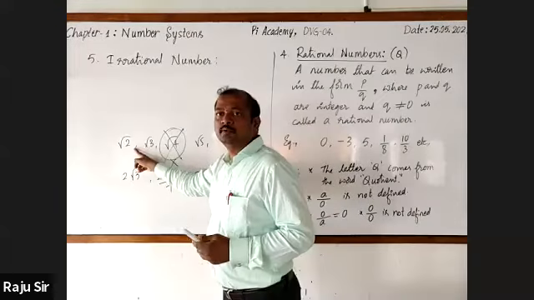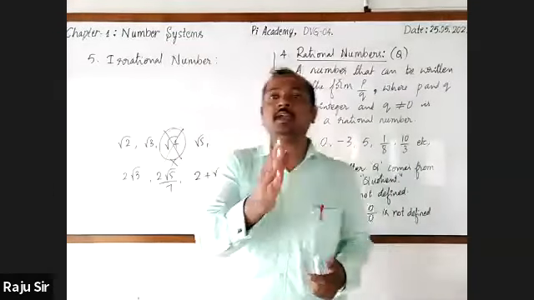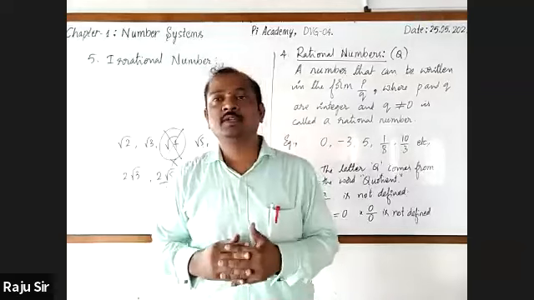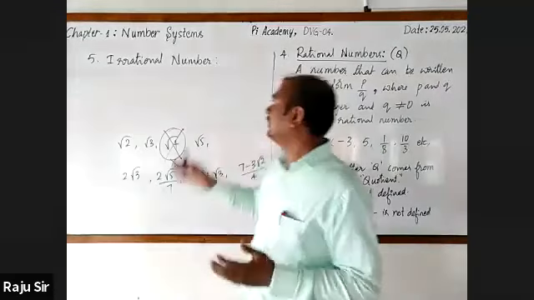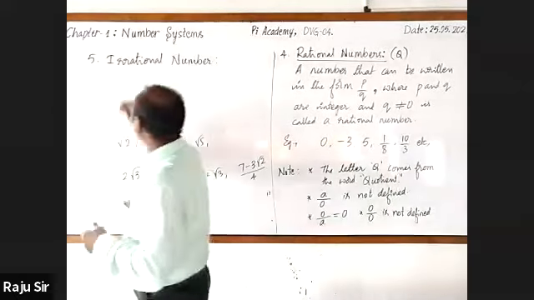Listen carefully. A number which cannot be written in the form of P by Q, where P and Q are integers and Q is not equal to 0, is called an irrational number. So write the definition.